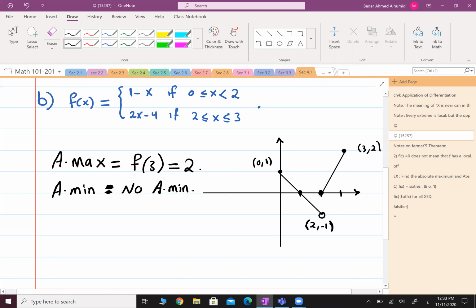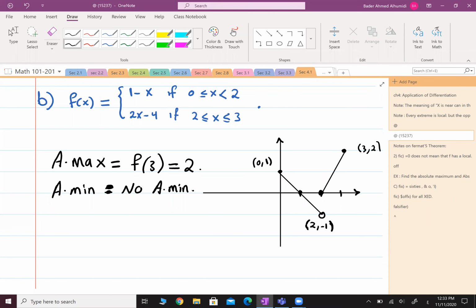Immediately I must think: indeed, one of these 2 conditions must be lost. I must have lost something. Either I lost the closedness or I lost the continuity. Which one did I lose here? Continuity. The function is not continuous on the closed interval 0, 3. It is actually not continuous at 2. More specifically, it has a jump discontinuity at x equal to 2.